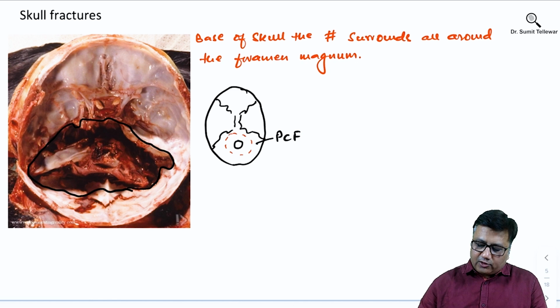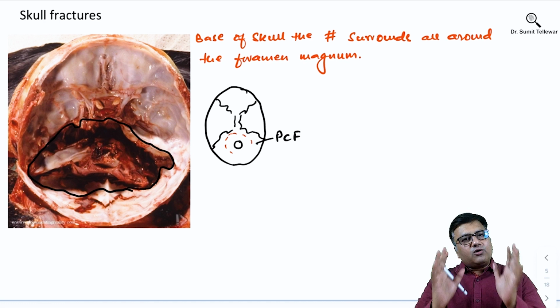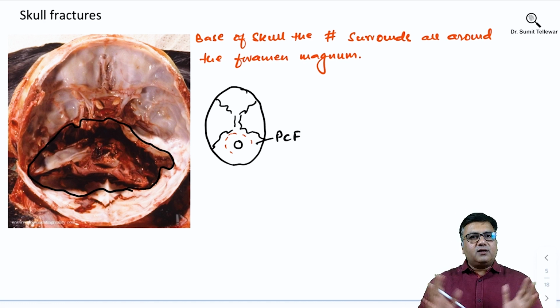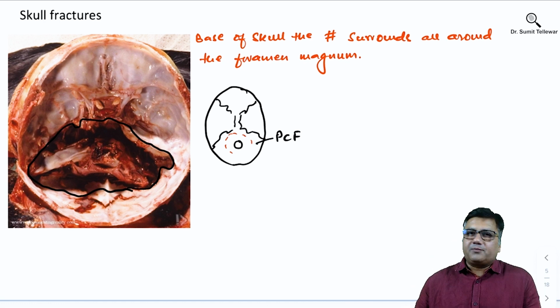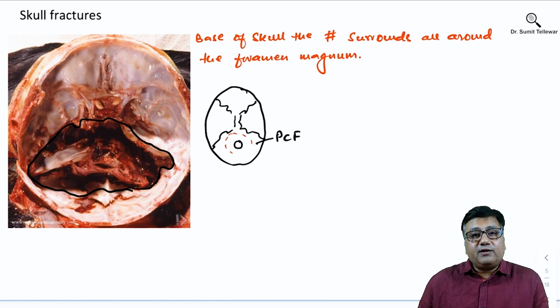Now the fracture may not be surrounding foramen magnum completely. The fracture line may be seen around the foramen magnum incompletely, like this. It is still called as ring fracture. It doesn't have to be complete ring all the time, right? Now why does this ring fracture generate in fall from height?